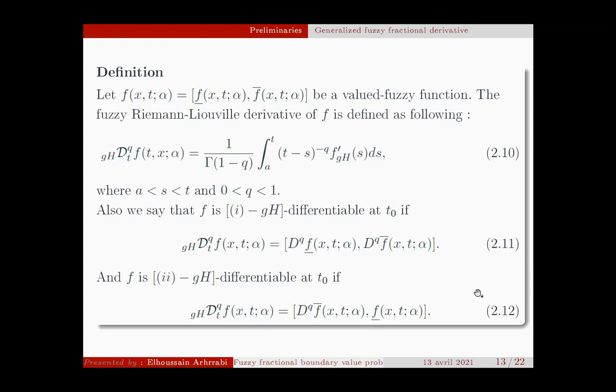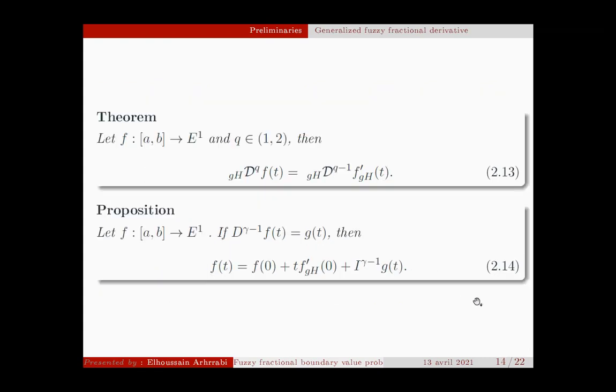This derivative is given by formula 2.10. Also, we say that f is differentiable if the derivative of f is given by 2.11, and f is doubly differentiable if we have formula 2.12. Let f be a fuzzy function, then we have the following two properties which will be used in the proof of our result.